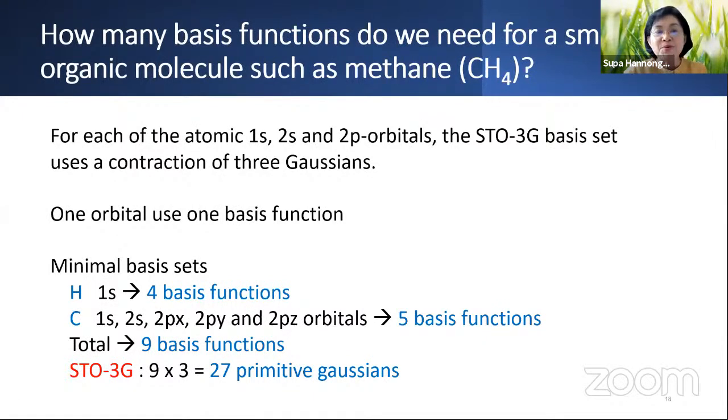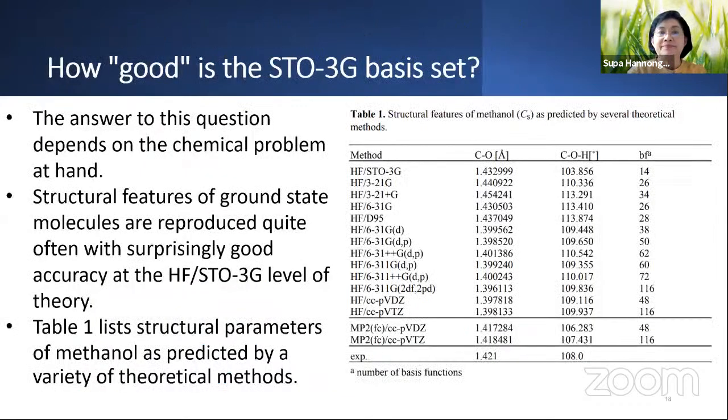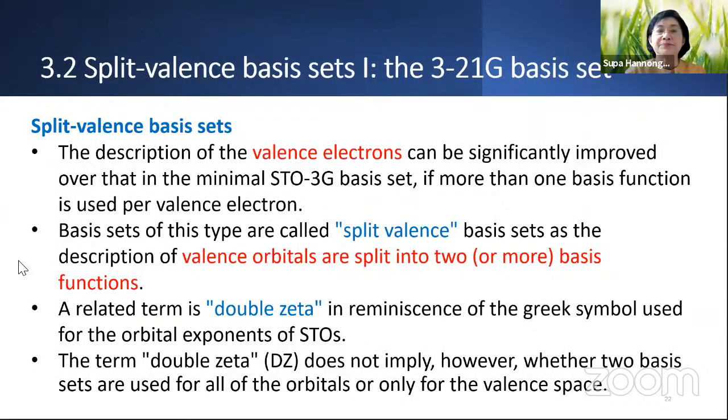But now we consider whether the valence electron can have more than one basis function. The answer is yes. Therefore, the basis sets of this type are called split valence.